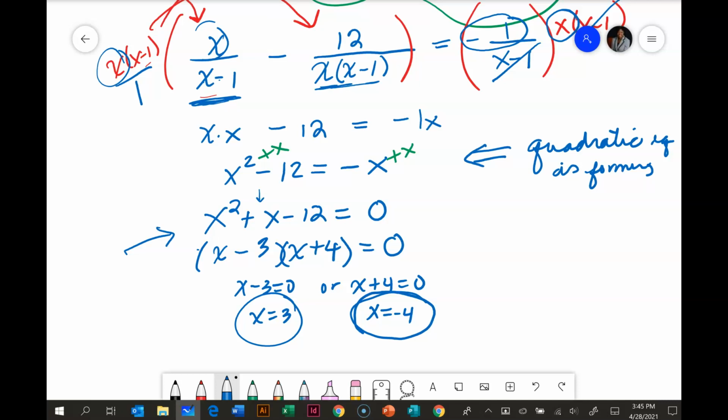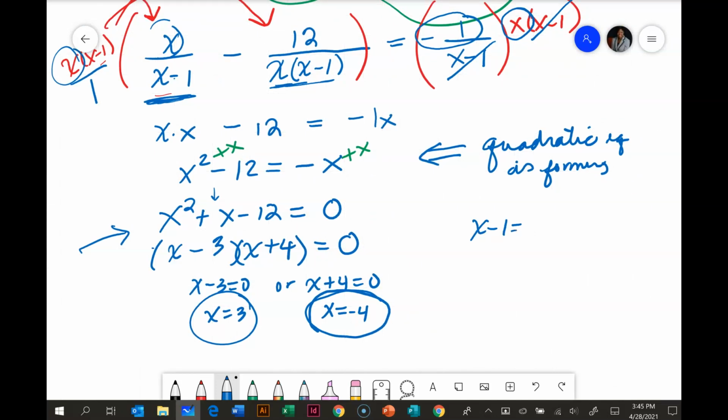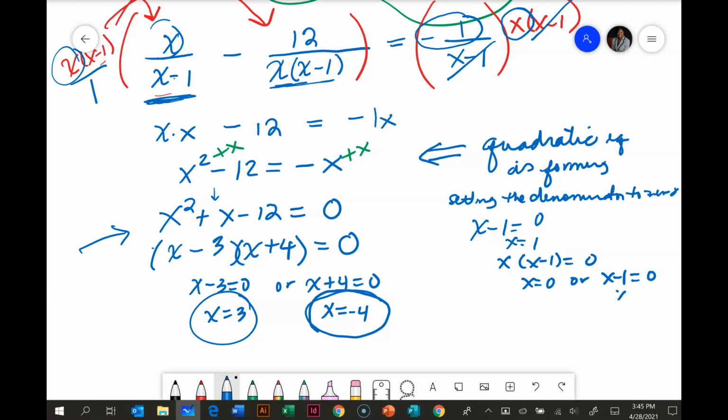No. Notice that there would have been an issue if our answer... I'm setting the denominator to 0 to see what would have been the restrictions. So the restrictions would have been x equals 1 or x equals 0, because we already figured out x equals 1.